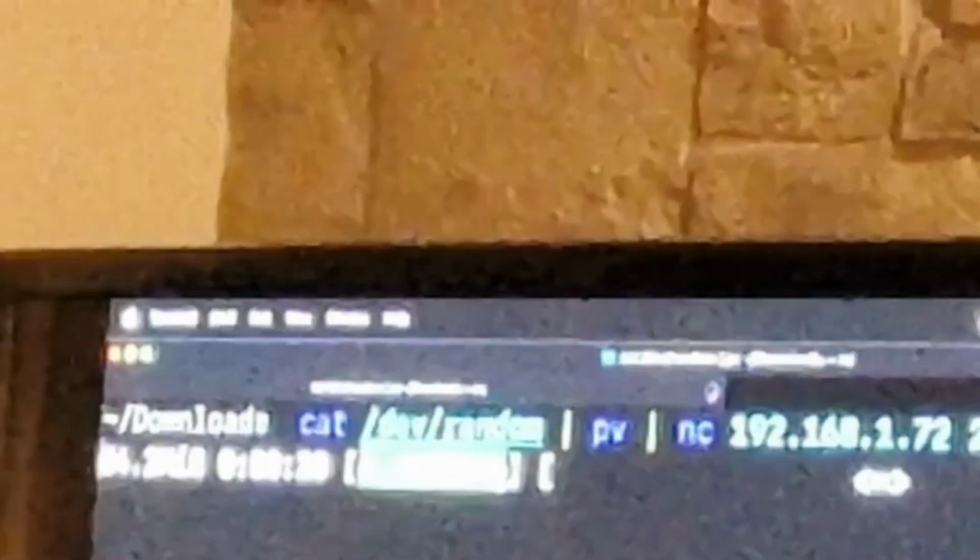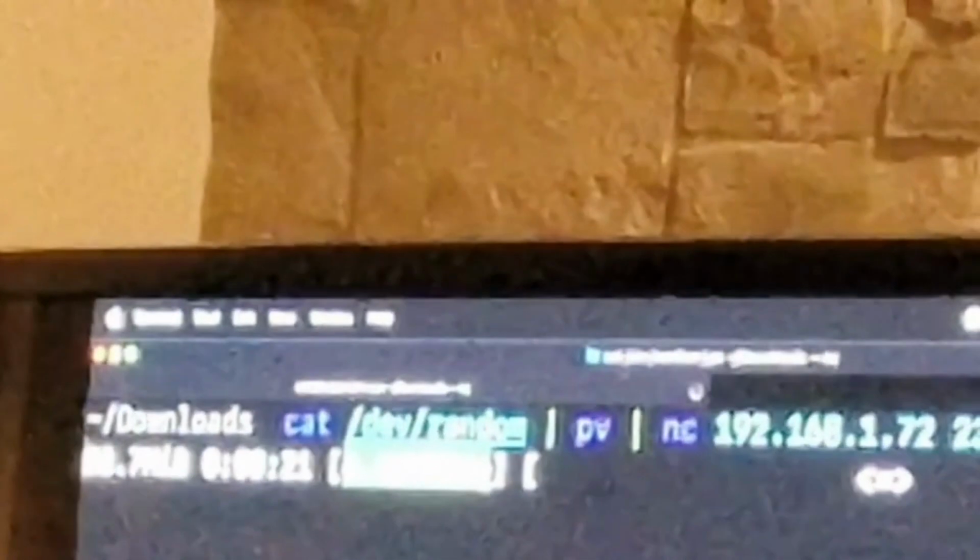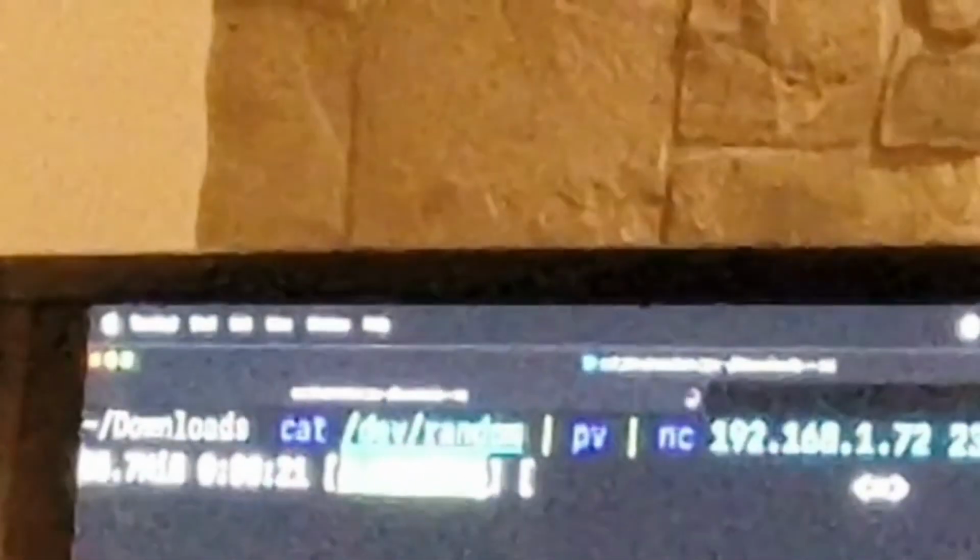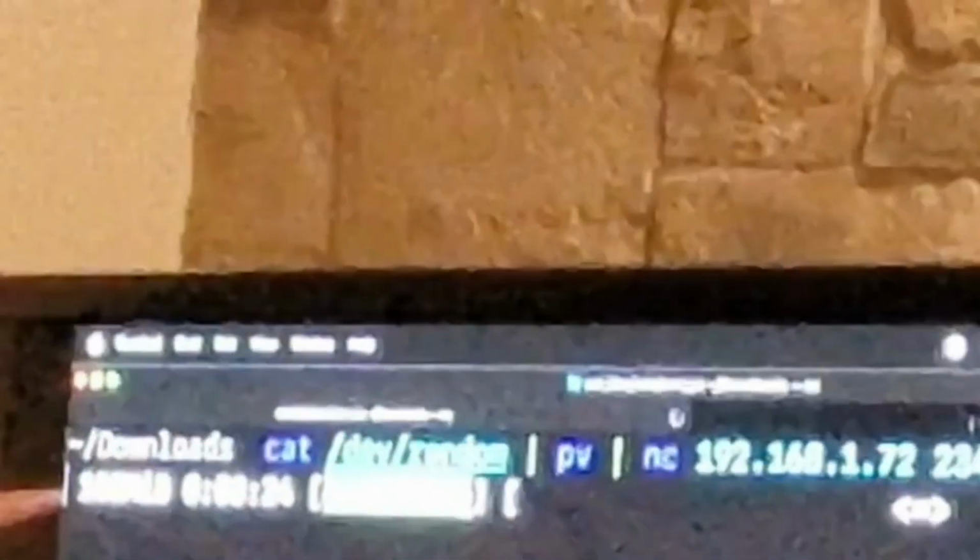We have by now sent 100 megabytes of random data to Nora, only for her to throw it all away immediately. And we're currently sending at about 4 megabytes per second. Times 8, then you get the megabits. So we have roughly 32 megabits of bandwidth in this Wi-Fi available. This of course all depends on how many devices are there, how far we are away from the router.